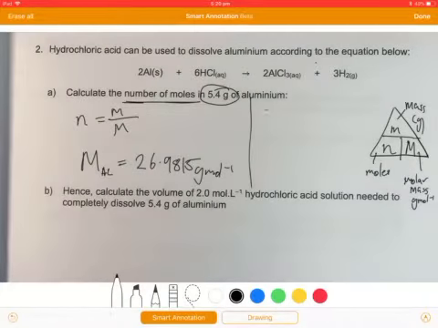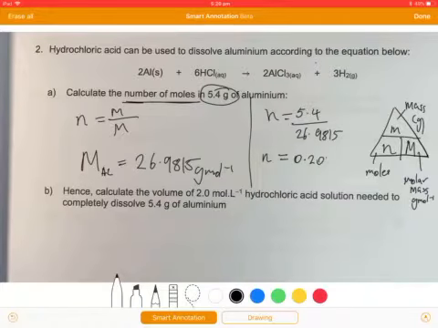So N is therefore equal to 5.4 divided by 26.9815, which equals 0.200 moles.